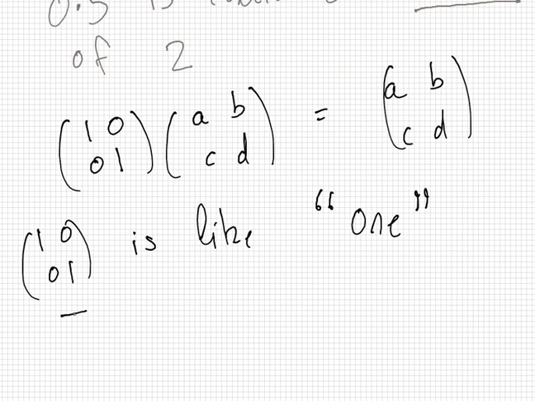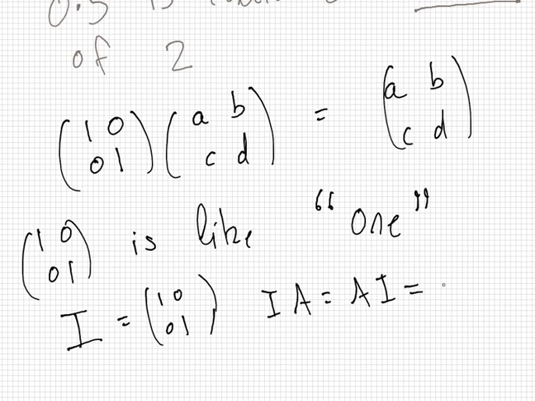We call this matrix I, for identity. So I equals 1, 0, 0, 1. What's special about I is that if I multiply A by I, or I by A, it's still just A. It doesn't change. It's just like the number 1 in algebra: 1x equals x1 equals x. It's the same idea.